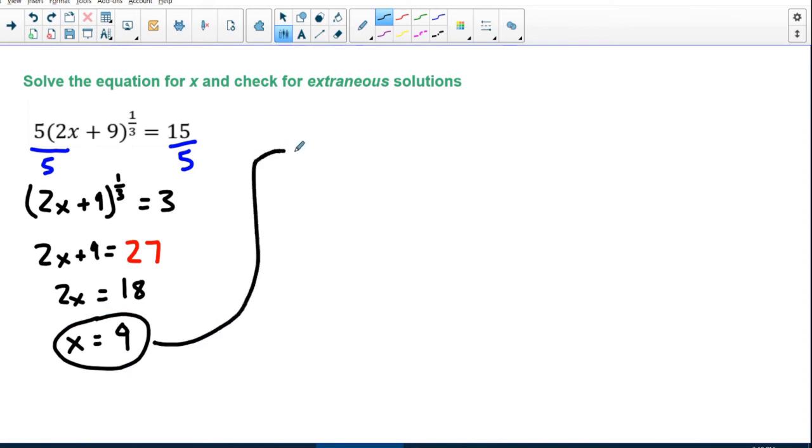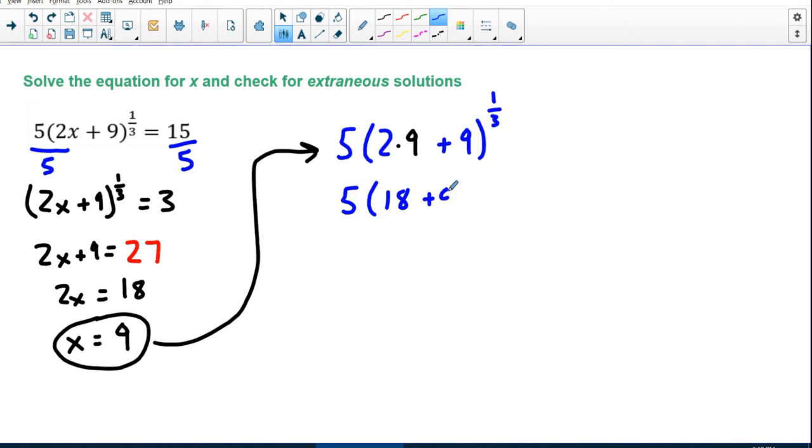So what I'm going to do now is just plug this back in. I've got 5 times 2, and then instead of x, I'm writing 9. Just bring down the rest. I'm going to multiply 2 times 9, 18. Bring down everything else. 18 plus 9, that's going to give me 27.